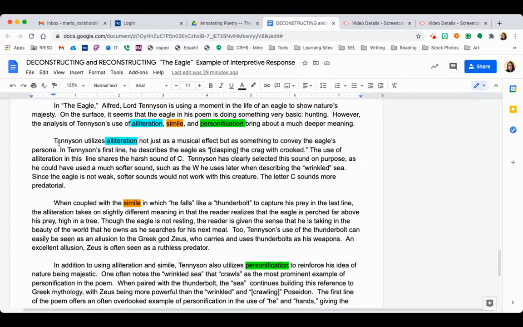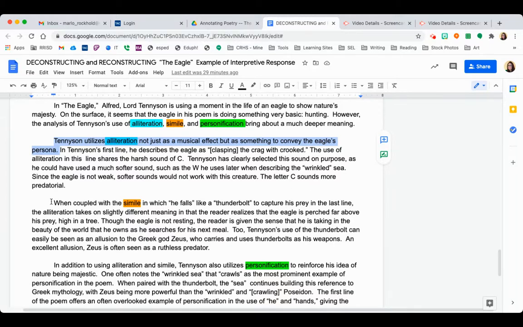Okay. So I have a topic sentence in each one of these paragraphs. "Tennyson utilizes": remember we talked about that being important. You don't want to say the poem uses, because the poem's not using anything. It's the poet that's using it. "Tennyson utilizes alliteration not just as a musical effect, which is its normal purpose, but as something to convey the eagle's persona."